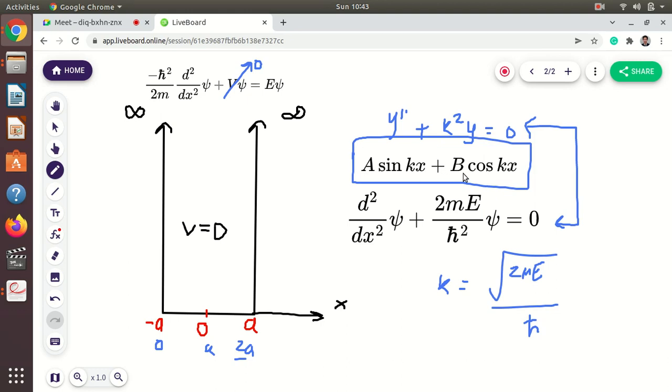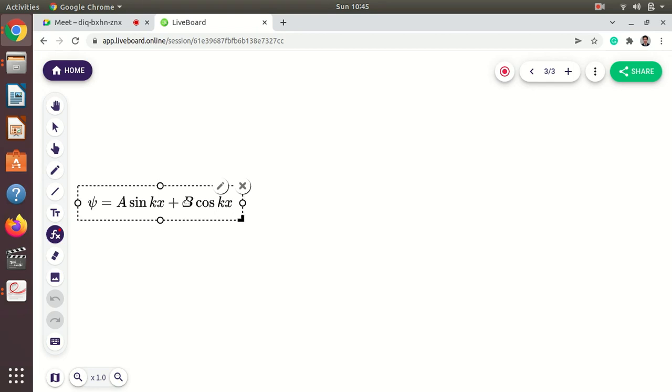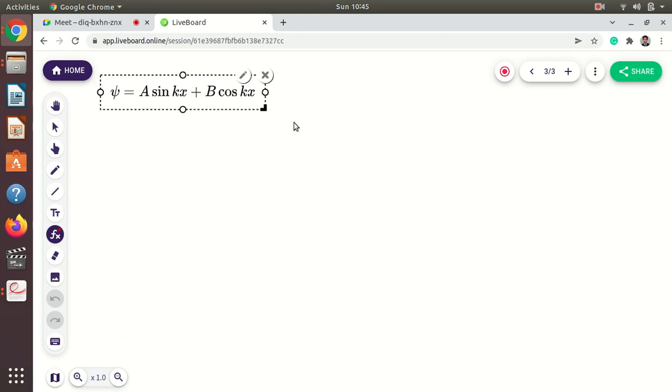In mathematics you write C1, C2; we have just used A and B here. So to find out the values of A and B, we put some conditions on the wave function. I have to apply conditions to get the values of A and B, so that I can get the exact wave function in that square well.